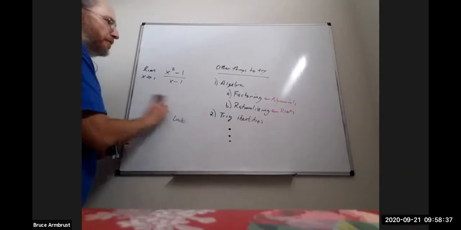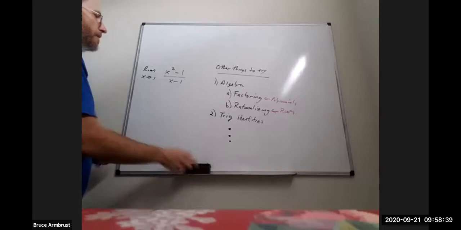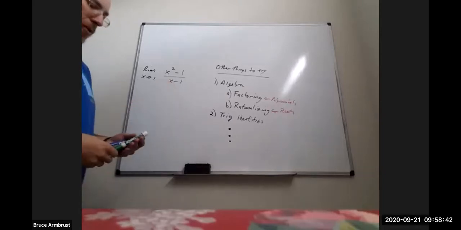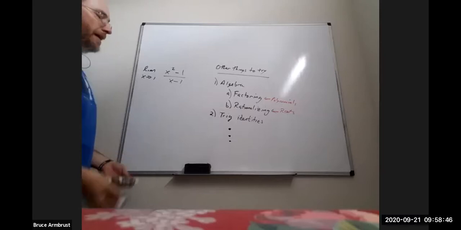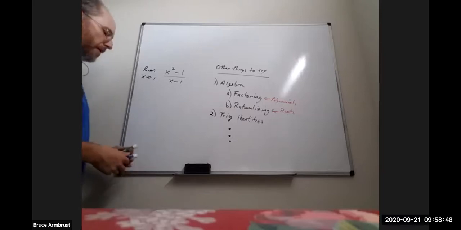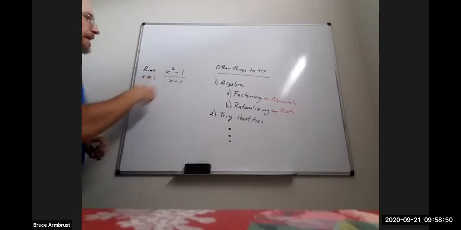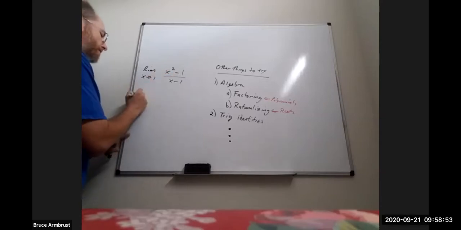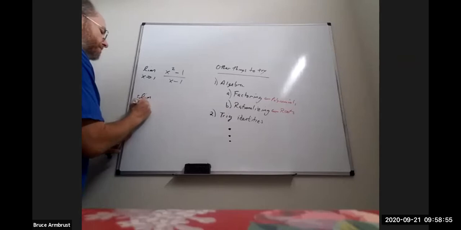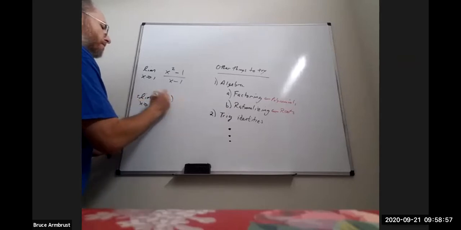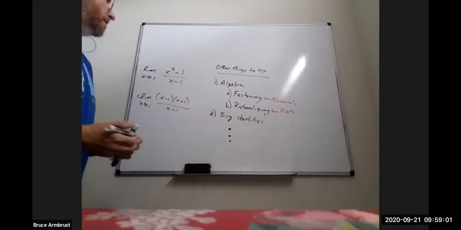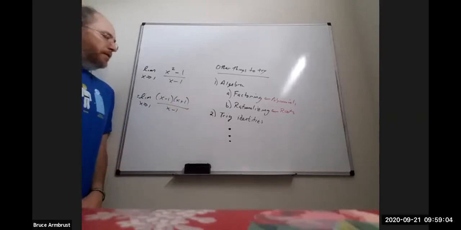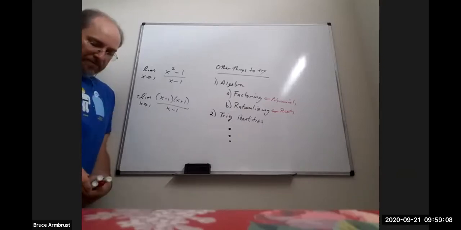All right, so let me show you this first one, how factoring can help with this limit right here. So when we plugged it in, we got 0 over 0, told us, well, we got to try something else. But let's try factoring. So notice x squared minus 1 is a difference of squares. So I'll go ahead and do that. x squared minus 1 is equal to x minus 1 times x plus 1.